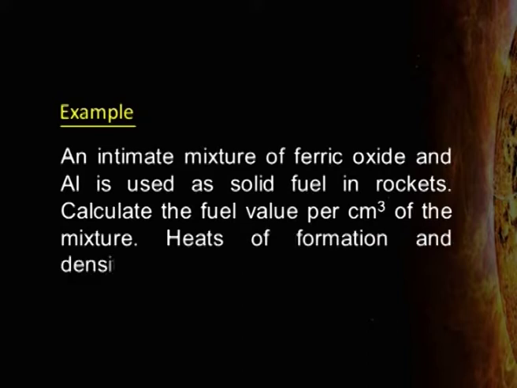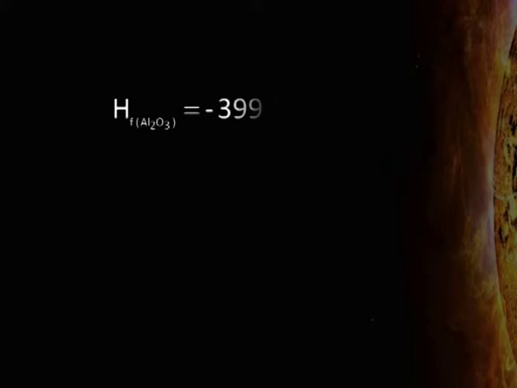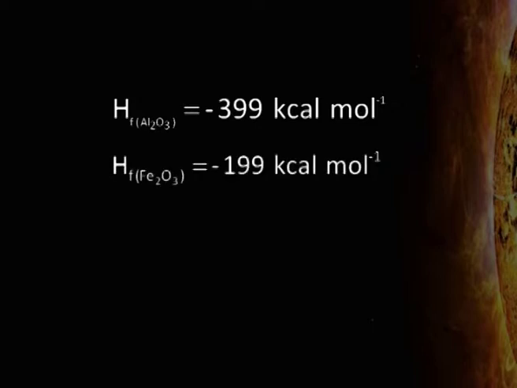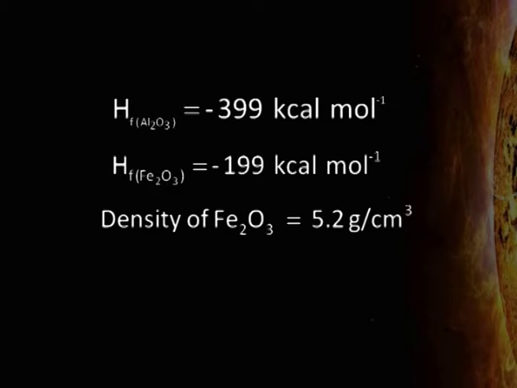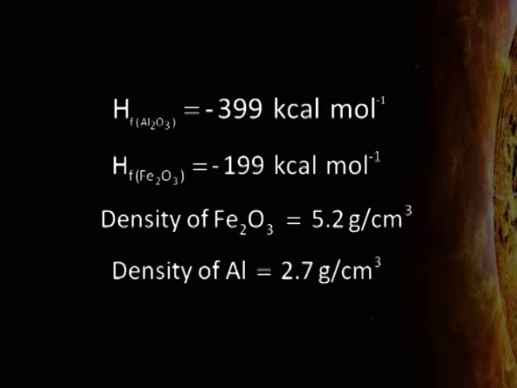Heats of formation and densities are given as: heat of formation for Al2O3 is equal to minus 399 kilocalories per mole, heat of formation for Fe2O3 is equal to minus 199 kilocalories per mole, density of Fe2O3 is equal to 5.2 grams per centimeter cube, and density of aluminium is equal to 2.7 grams per centimeter cube.